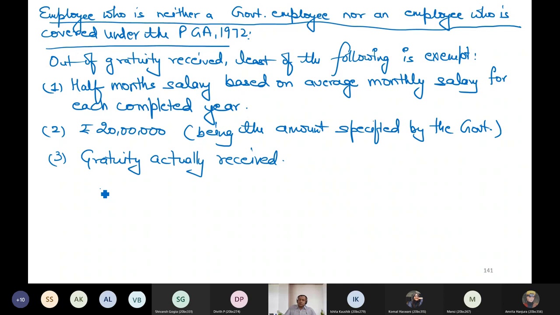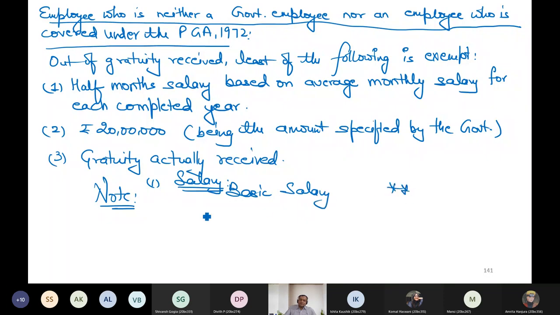Now here also I have to compute some notes. So the first question arises, what is this salary? Can you tell me what is salary? Now it is different. It includes three things: basic salary plus DA, dearness allowance. But now I'm not writing only DA. Within bracket, I'm using a point, forming part of salary.